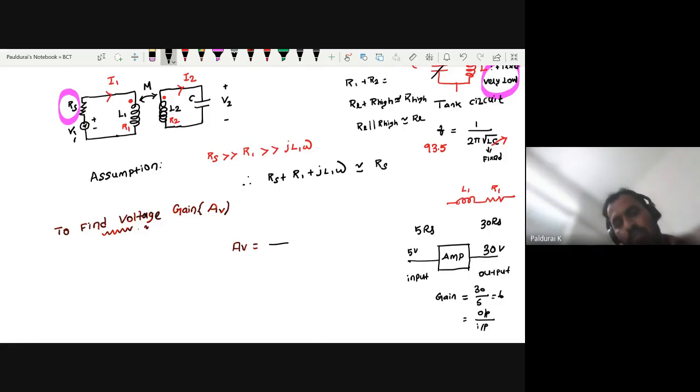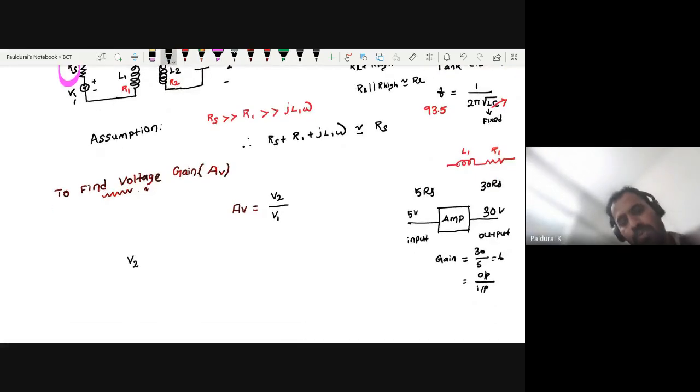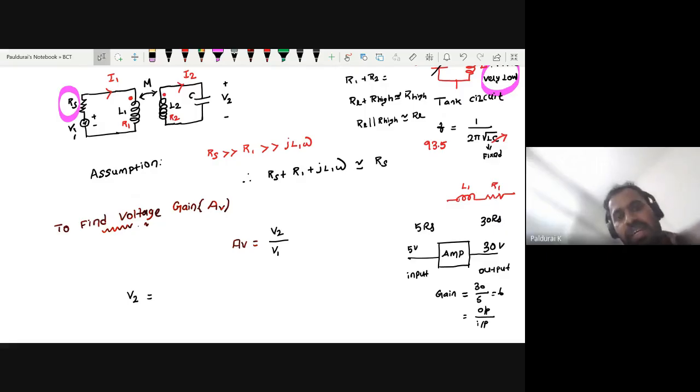So here also, output voltage V2 divided by input voltage V1, right? What is my output voltage? Anyone? The voltage across the resistor, this is my output voltage. This is plus, this is minus, where current is entering.